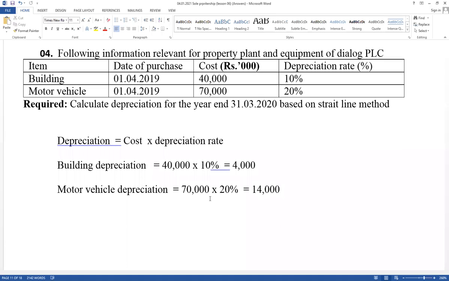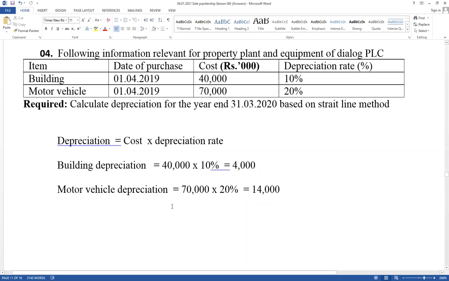Cost minus residual value, those are called the depreciable amount, the amount that can be depreciated. Divide it through its useful lifetime. Therefore, depreciation is a systematic allocation of the depreciable amount through its useful lifetime.